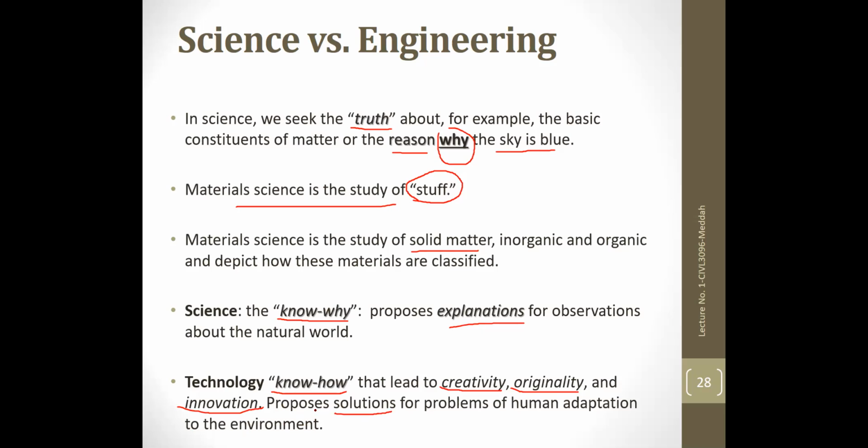So engineering and technology is here to propose a solution for human adaptation to the environment, because humans are living in different environments, from extremely cold to extremely hot. And in this range of different environments, temperatures, and aggressivity of the environment, materials behave in a different way. So in engineering, of course, you have to adapt the behavior of the material depending on the environmental conditions.